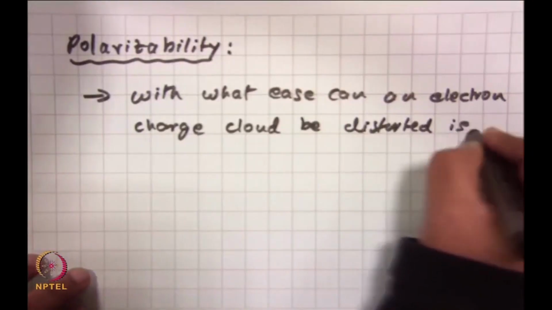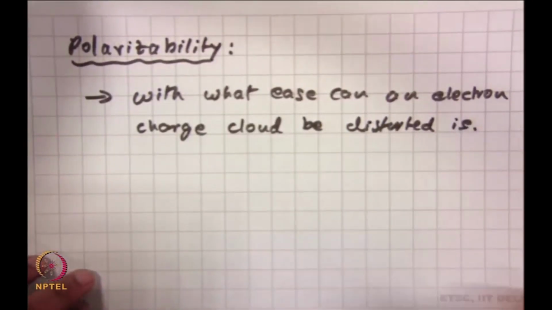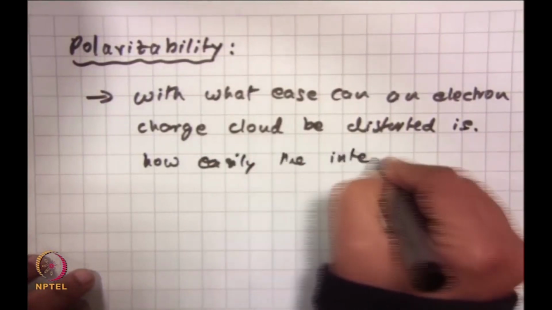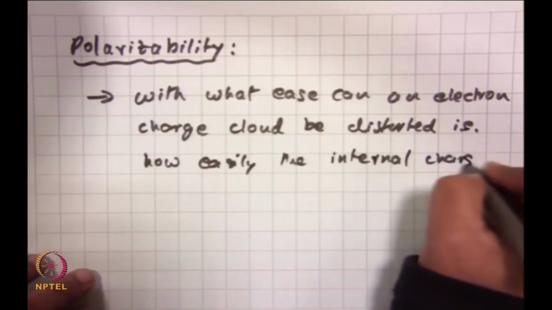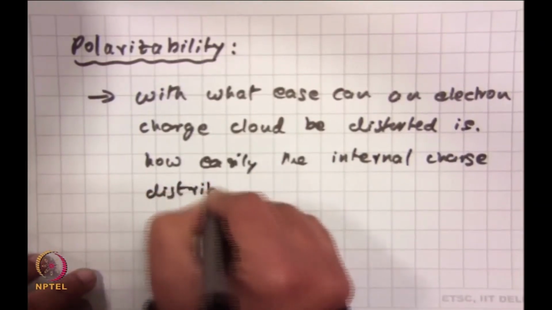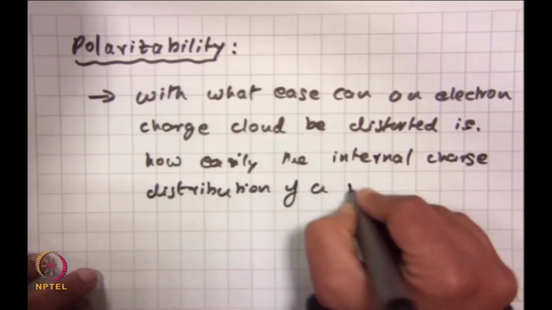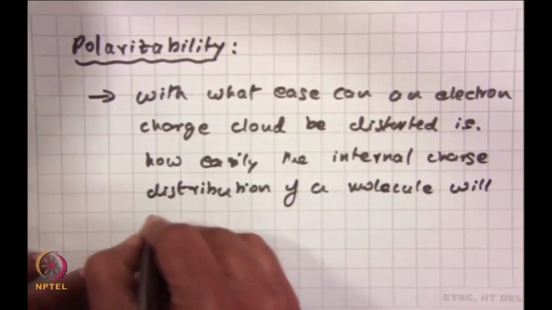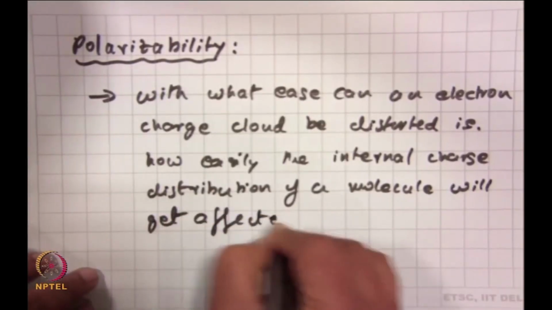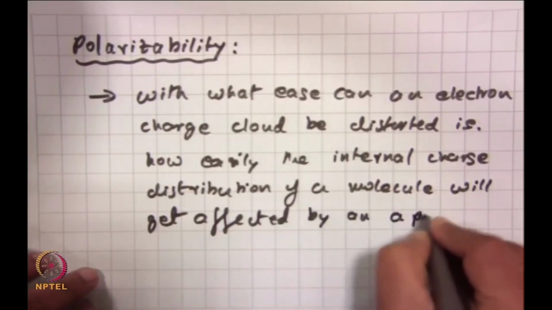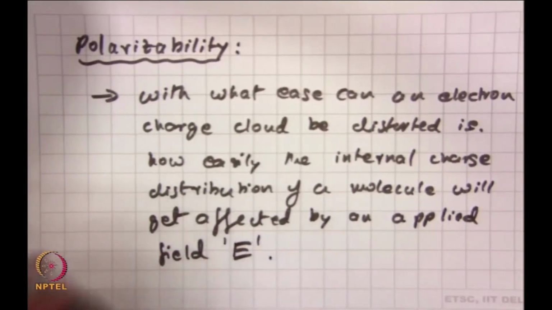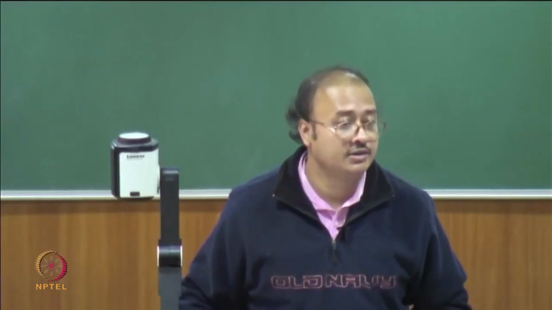You can also frame it differently: how easily the internal charge distribution of a molecule will get affected by an applied field E. That means you apply a field E, and then this polarizability tells you how easily or to what extent this charge is distorted.